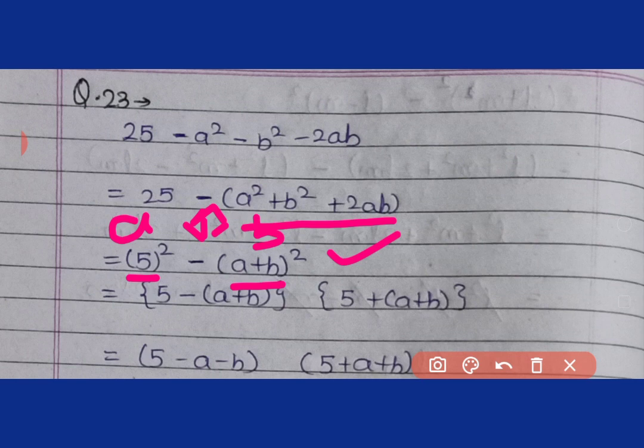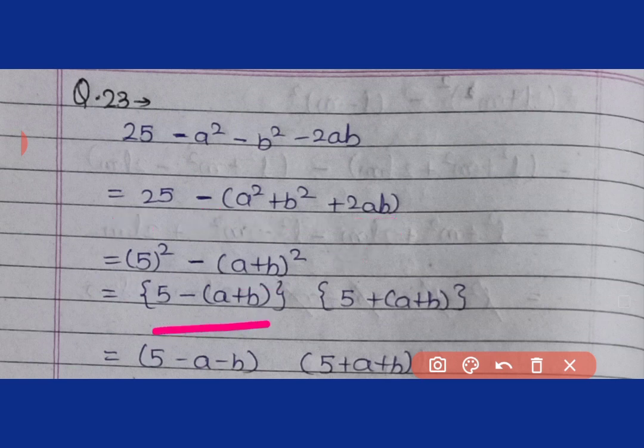So in the first bracket, a minus b means 5 minus (a plus b), and in the second bracket, 5 plus (a plus b). A plus b is written in both brackets, in a small bracket, because whenever the bracket opens, the sign will surely change where there is a minus sign outside.